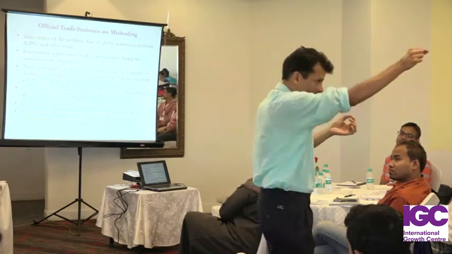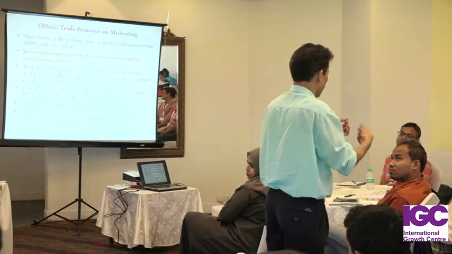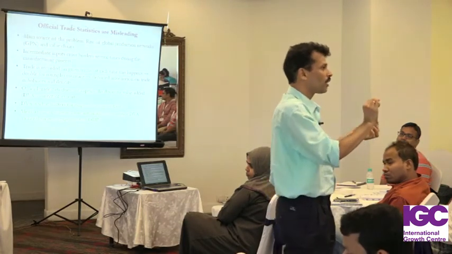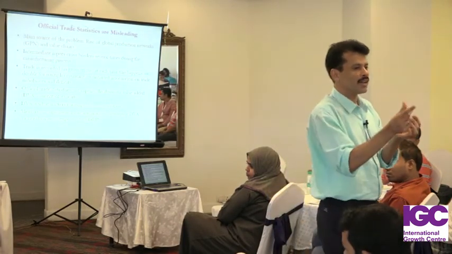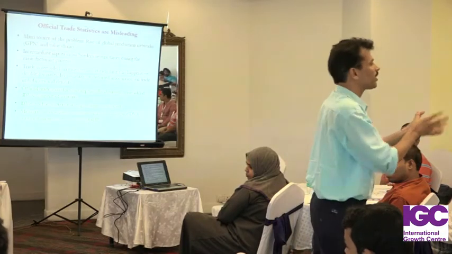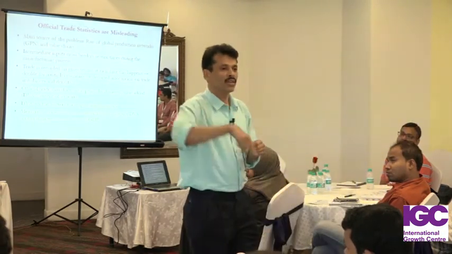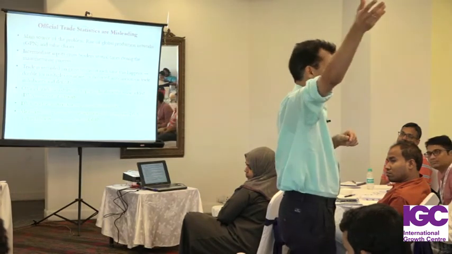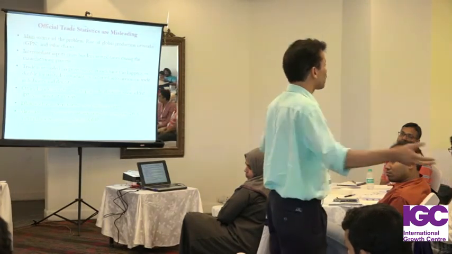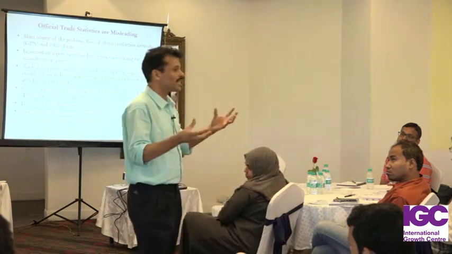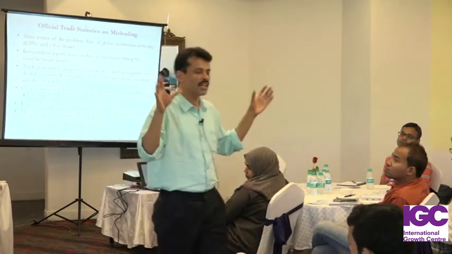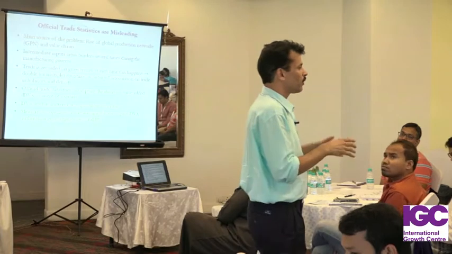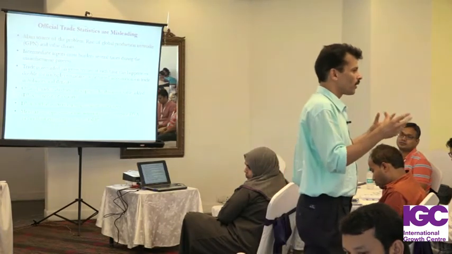Then again the value of the same good is recorded. It is not recording the value added; it is recording the entire value of what is going from one country. Finally, it goes to China, and again it is recorded, and then China sends it to the United States, and it is again recorded. So the same thing is recorded many times, and we strictly avoid double counting when we measure value added.